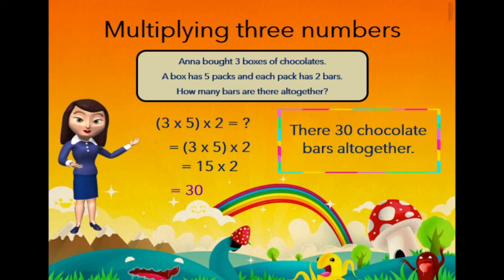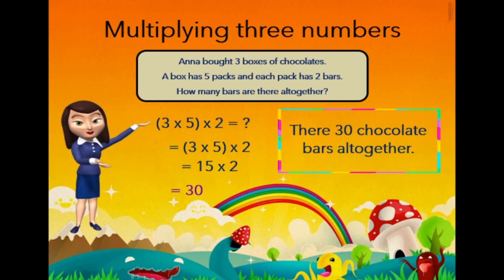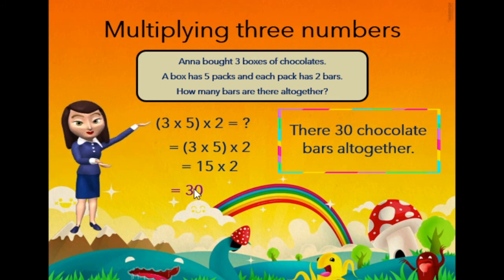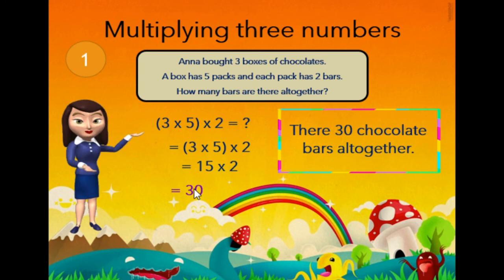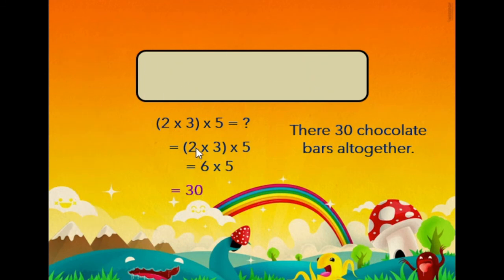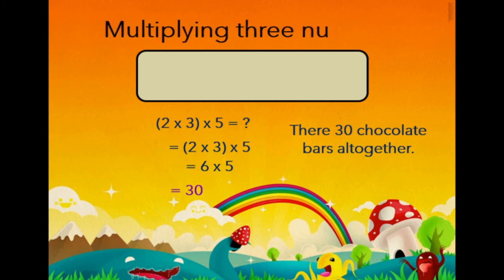Again, there are 30 chocolate bars all together. That is our solution number 1. Next, we will still have the same problem but a different way of solving.